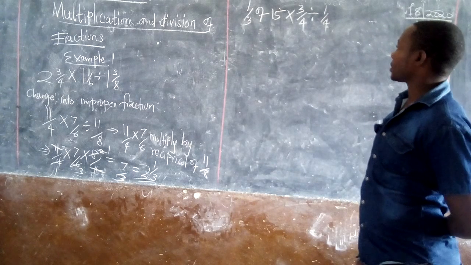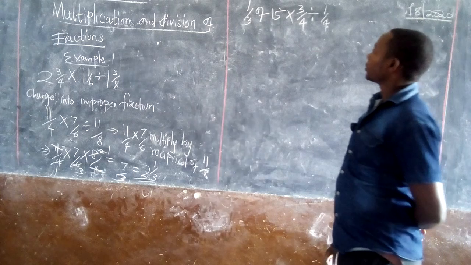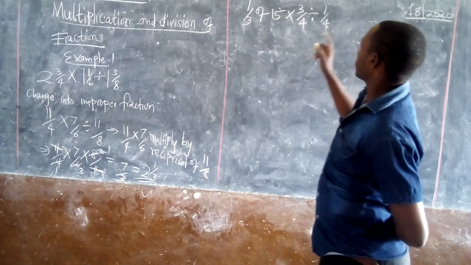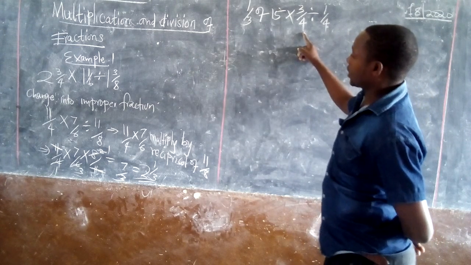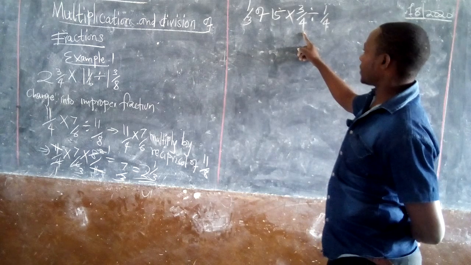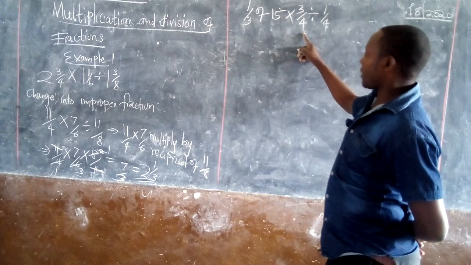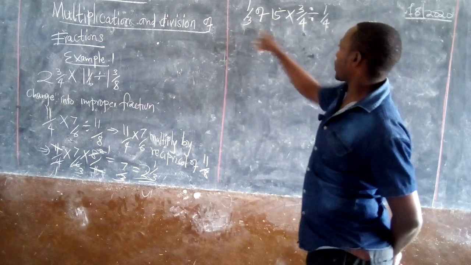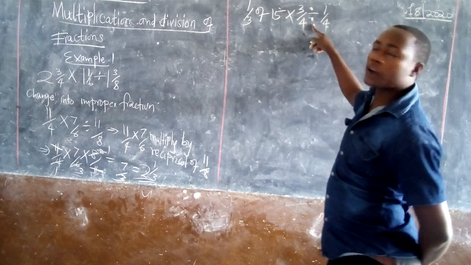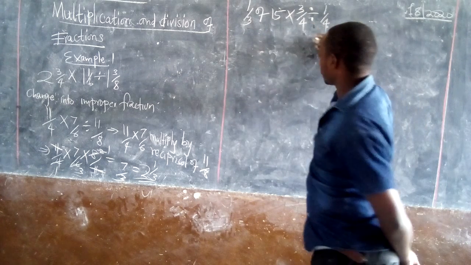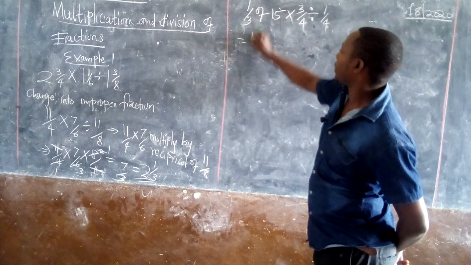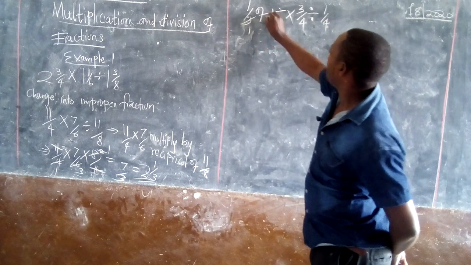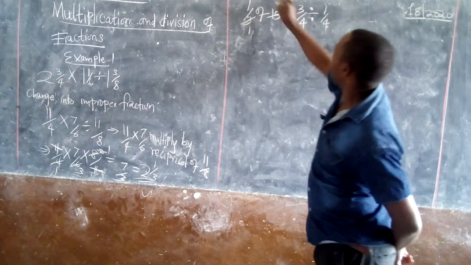You're trying to work on that. Because here we do not have mixed numbers, we can work out directly. Because this is division, we work out this and multiply by the reciprocal of a quarter. So this will be equal to a third of 15; you can simplify directly, by 3, 1, by 3, 5.